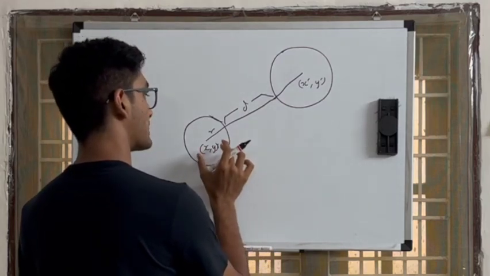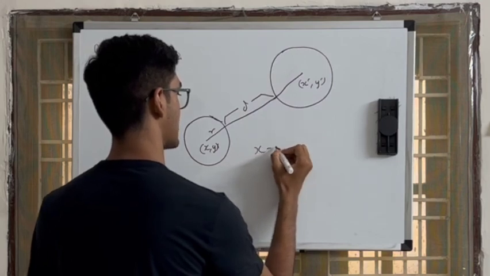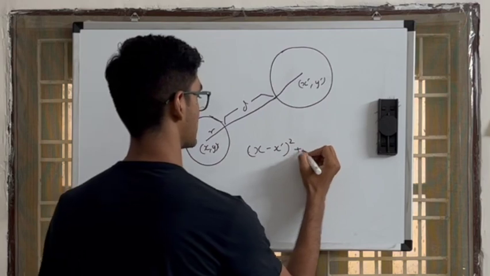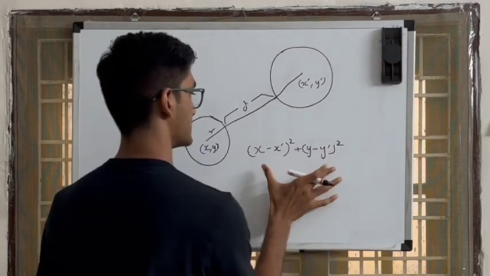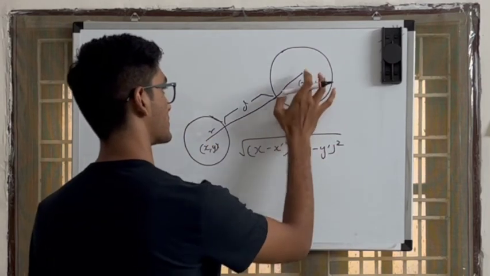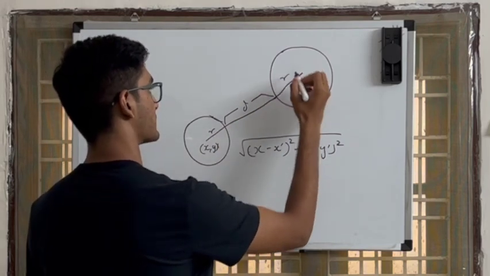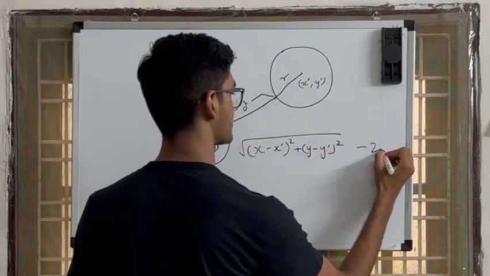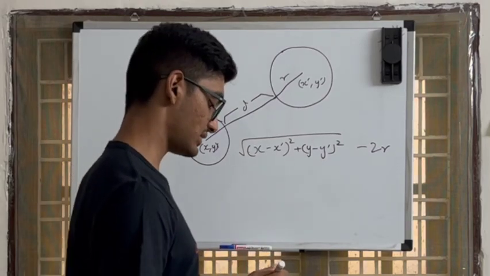You know that in coordinate geometry, the distance between two points is the root of x minus x dash whole square plus y minus y dash whole square. This is the distance between this point and this point. But we need this distance, right? This is r also. So this distance minus 2r will give us this distance. Now we know the distance.